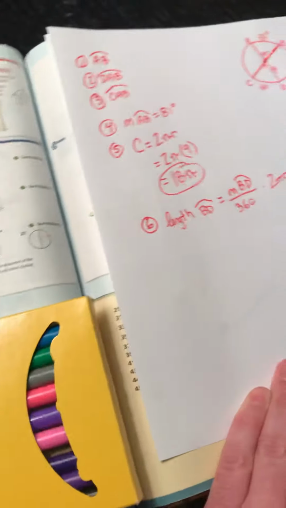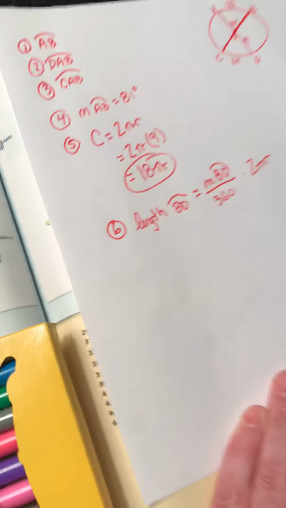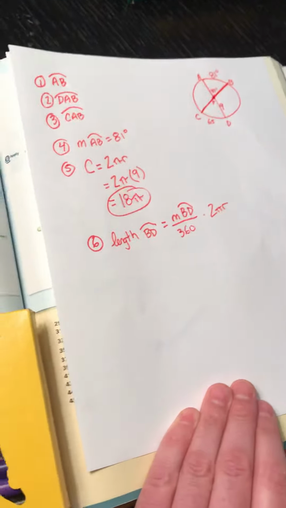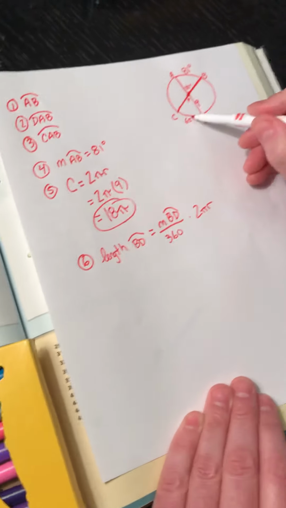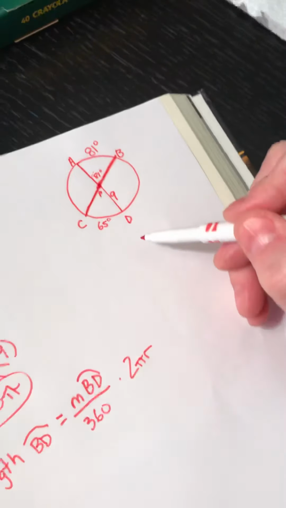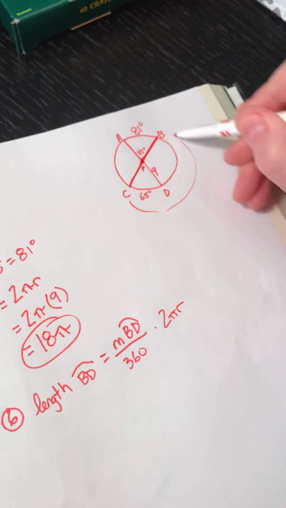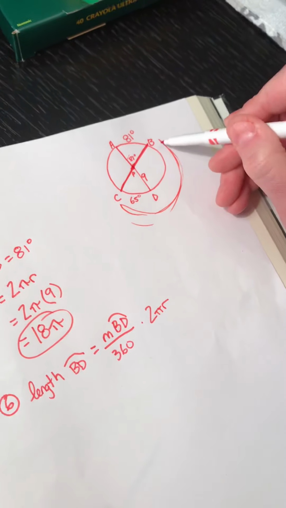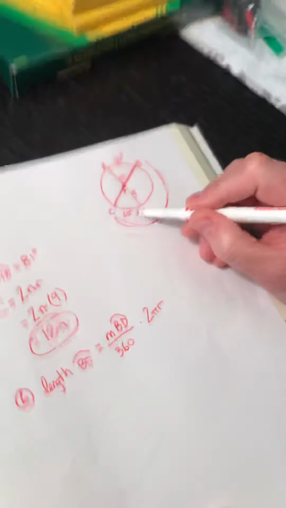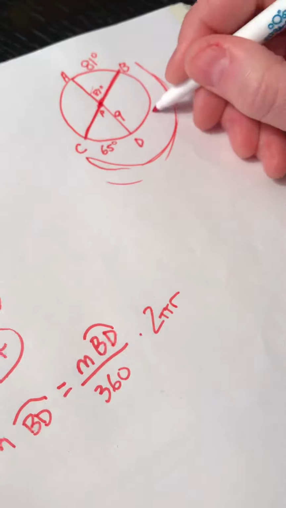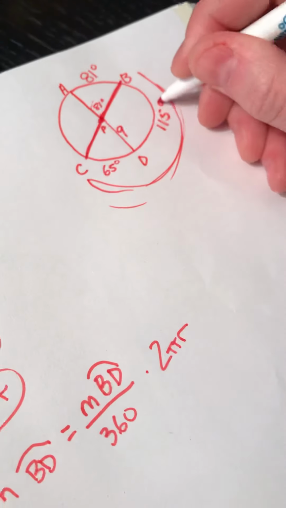So what is the measure of arc BD? We know that this is 65 degrees, and we know this entire arc right here is 180. So if we take 180 minus 65, we get 115.